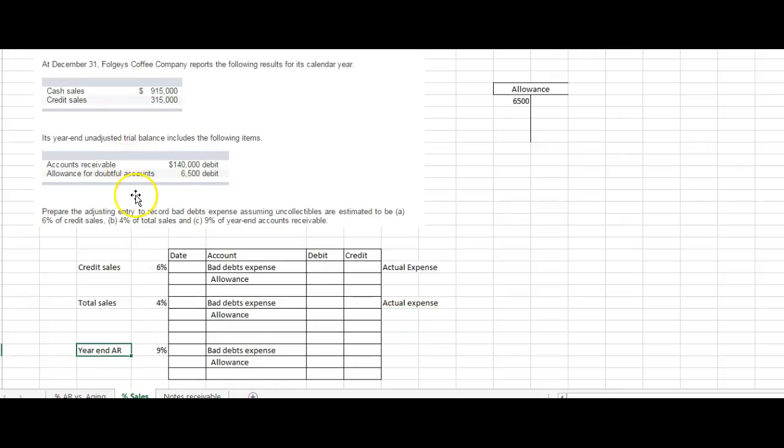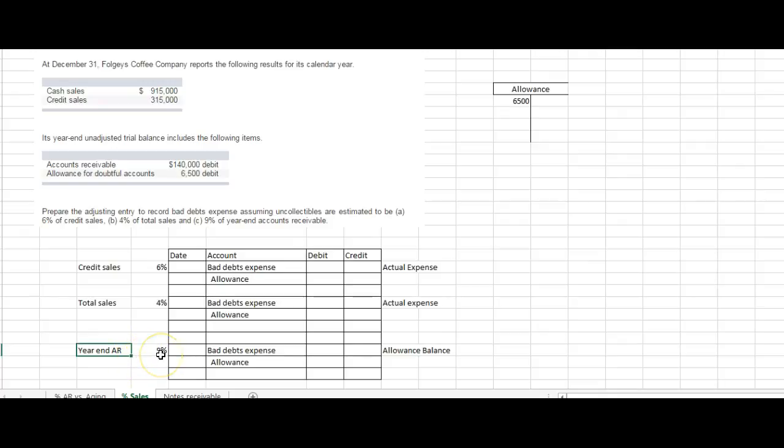I have a year-end accounts receivable, okay? That means I also have prior year's accounts receivable in here. So this calculation is going to be for getting the allowance balance. Now what do I mean by that? Well, you have to spell it right first. So this one is going to look at year-end. So what is year-end?